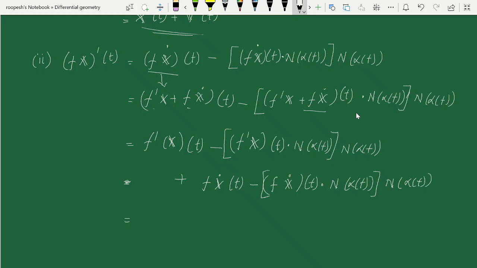Here we have X of t dot N of alpha of t, so this is equal to f dash X of t plus f X dash of t.